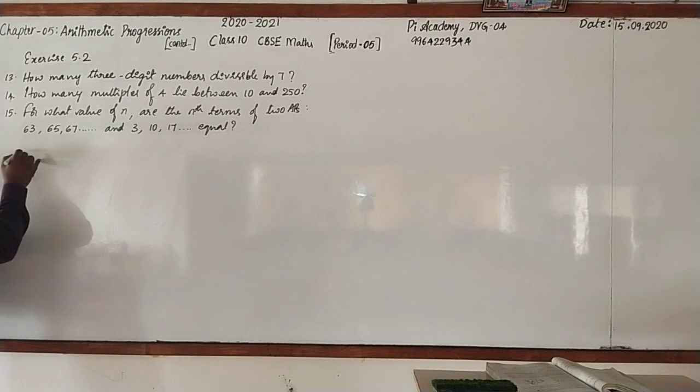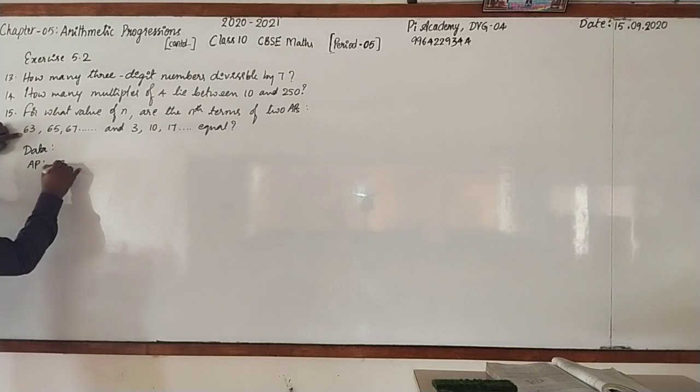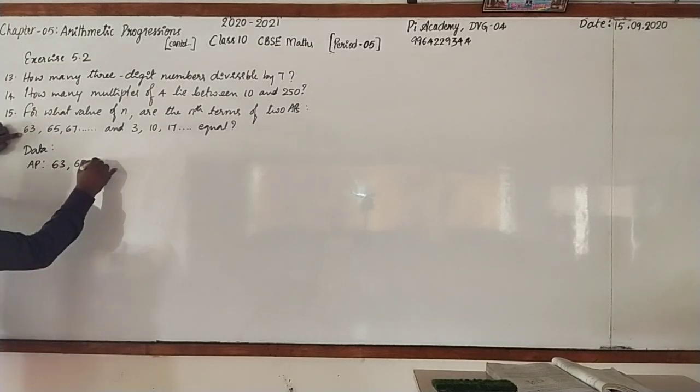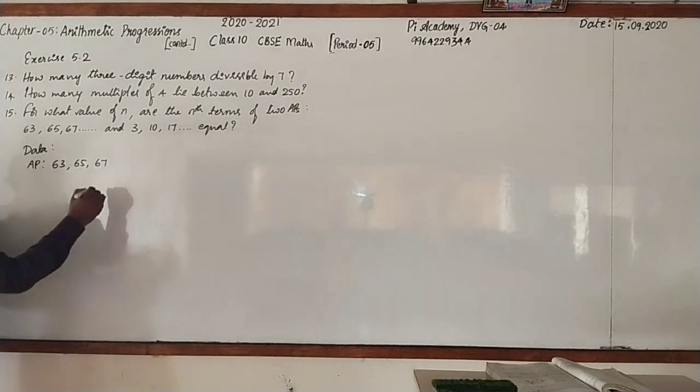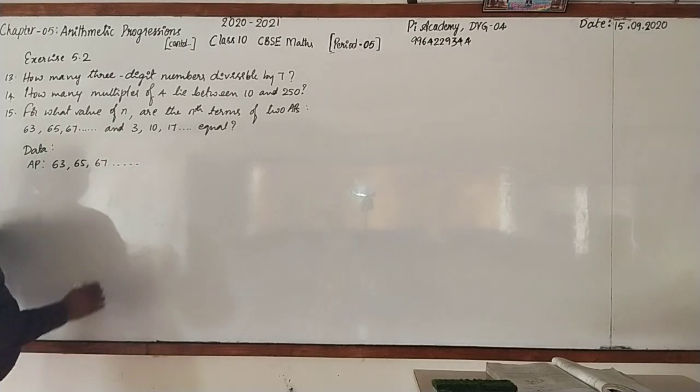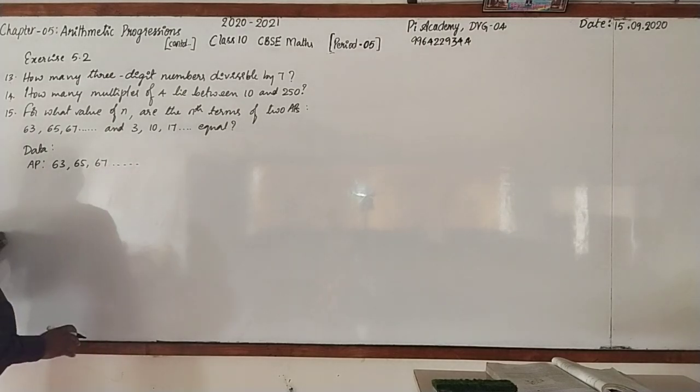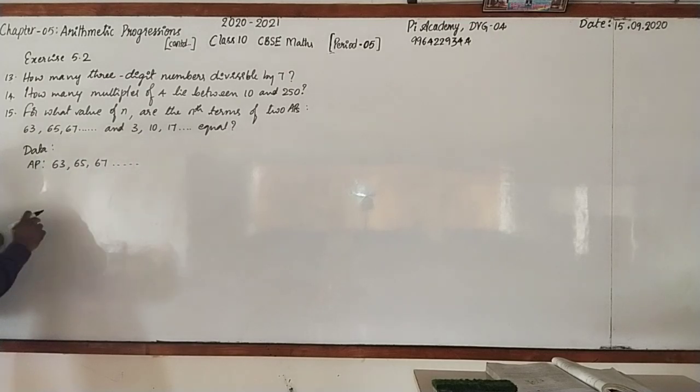Here, let us go for taking the APs one by one. I'll take the first AP. It is 63, 65, 67 and so on. Next, second, in this only, I'll write all the terms.